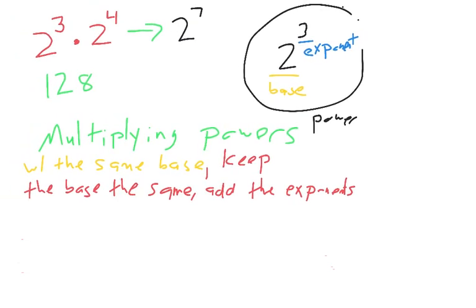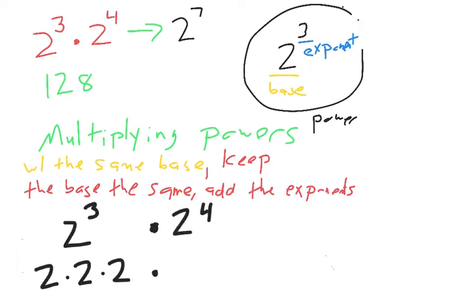And if you think about it, and again, you don't have to write this part down, I just want you to think. What does 2 to the third really mean? You are multiplying 2 three times. So 2 to the third is 2 times 2 times 2. And then we want to multiply this by 2 to the fourth.